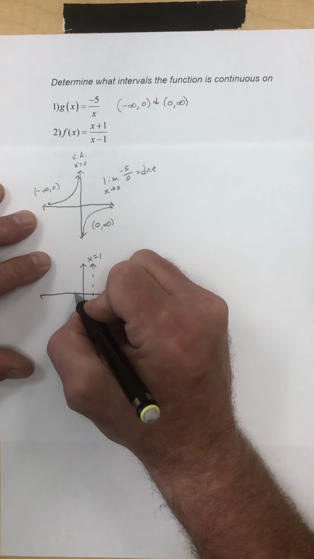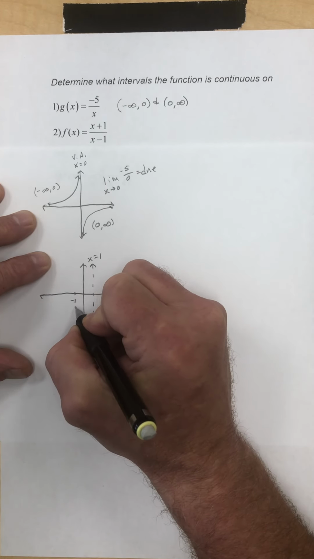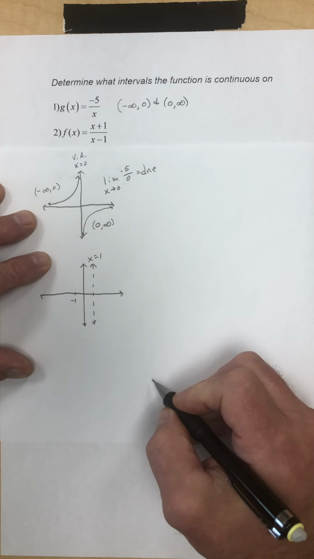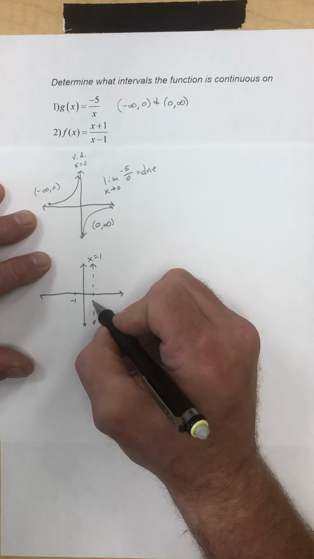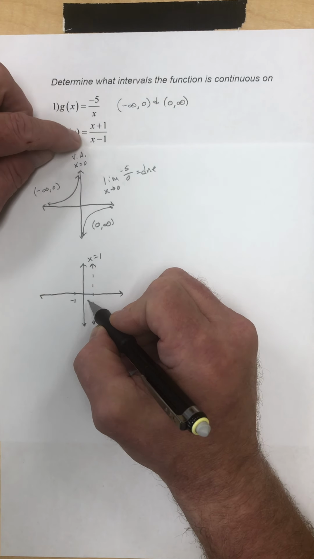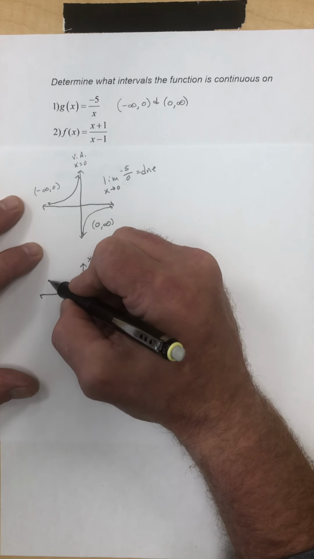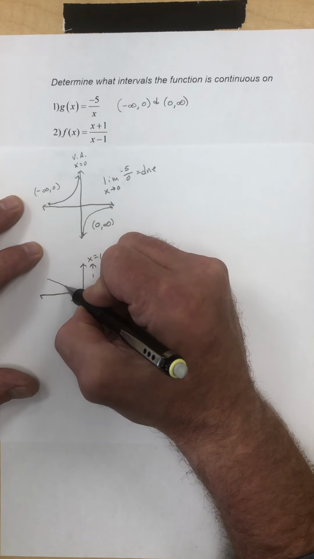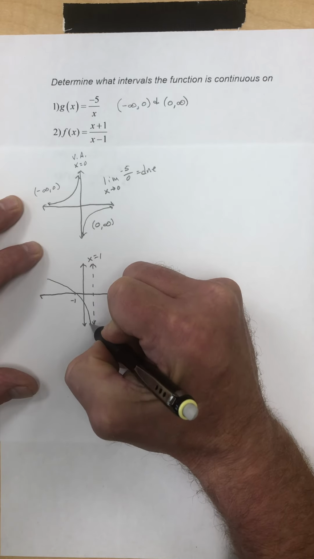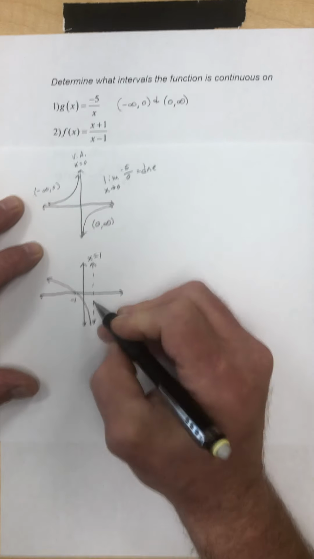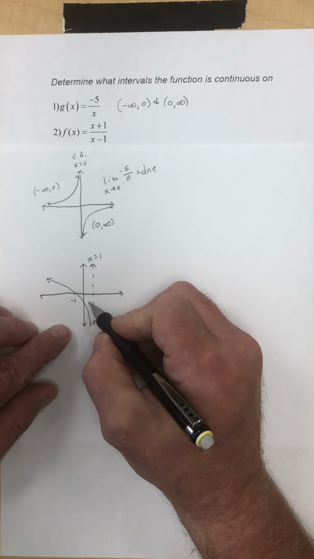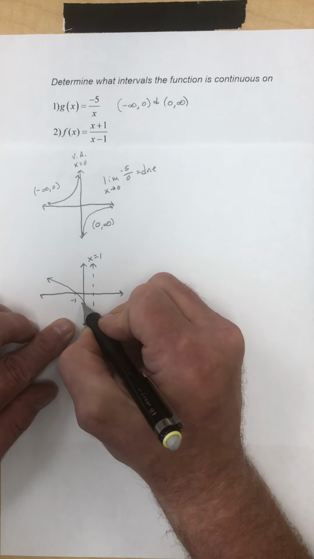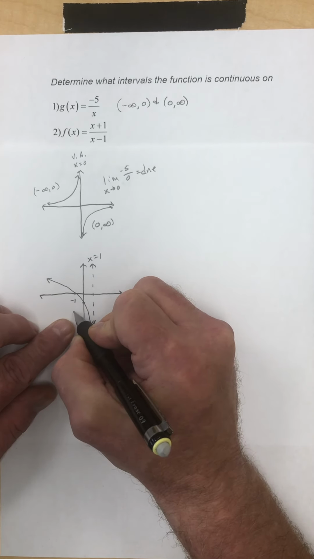So I know I'm going to have an x-intercept at negative 1, 0 right there. And let's see what's going to happen here. As we get closer and closer to 1 from the left, that's going to be positive, that's going to be negative. So it's going to do this. Go down like this. I think I got it right. Yep, and this will be negative 1 right here.